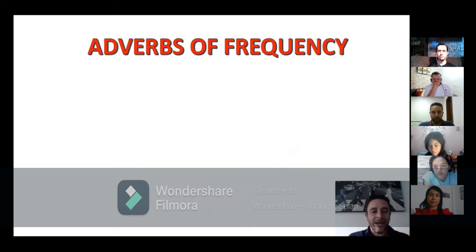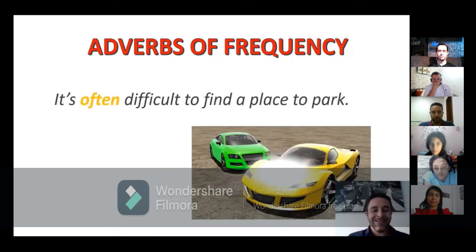So we're going to see some examples. We're going to start with the verb to be, and this sentence says, we have beautiful cars here. So we can say, it is often difficult to find a place to park. As the way that you can see, we have here the verb to be, and when we have the verb to be in a sentence and we use adverbs of frequency, it is necessary to write it after the verb to be.